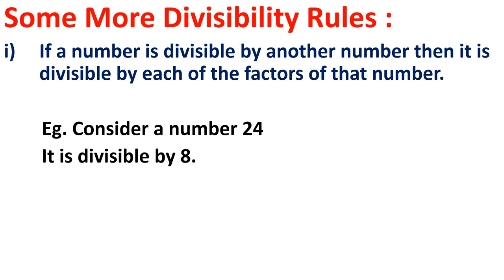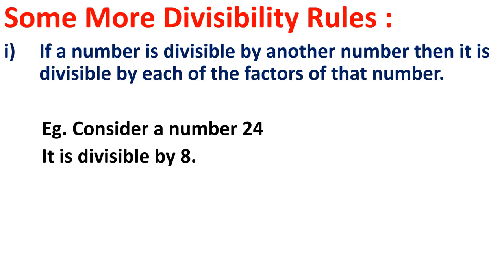According to the rule, if 24 is divisible by 8, then it is divisible by each of the factors of 8.